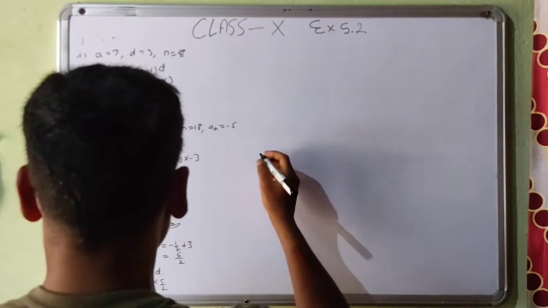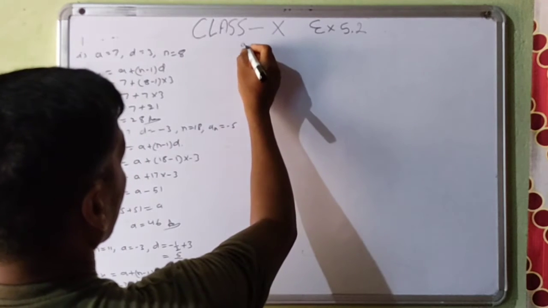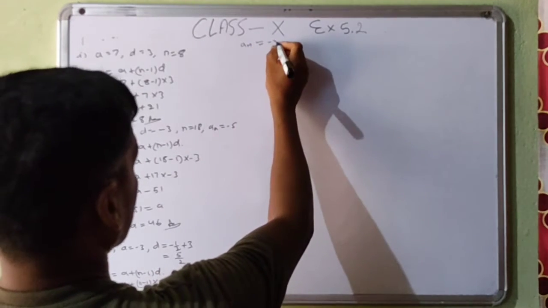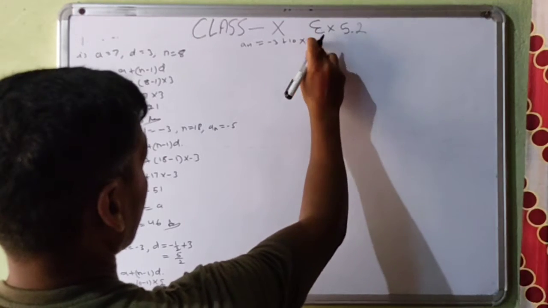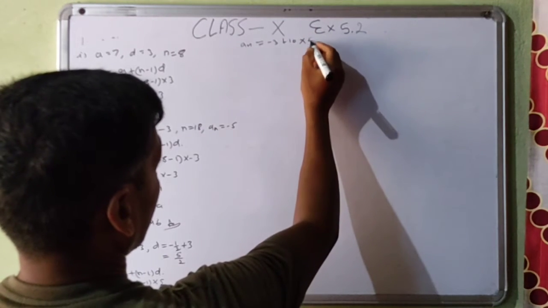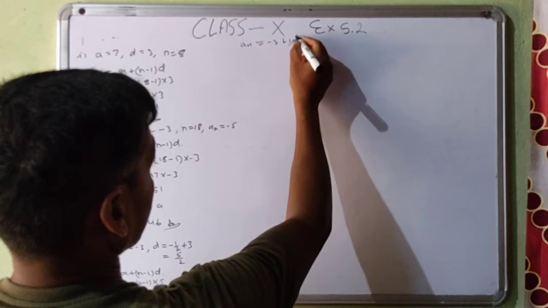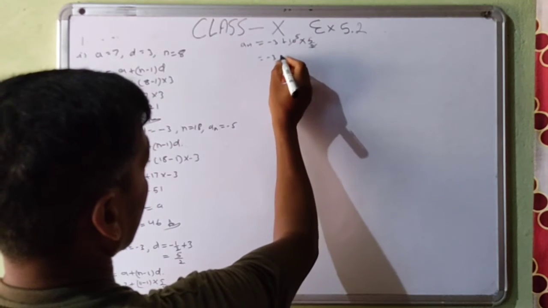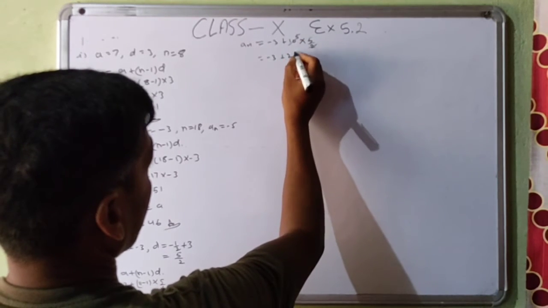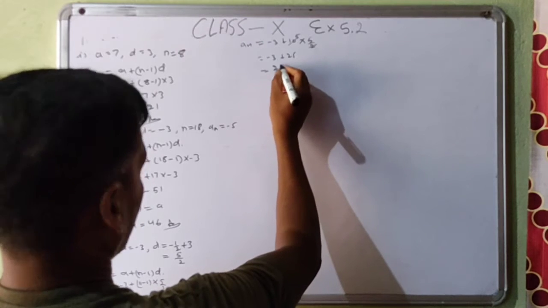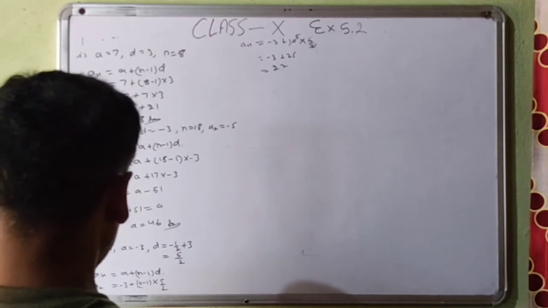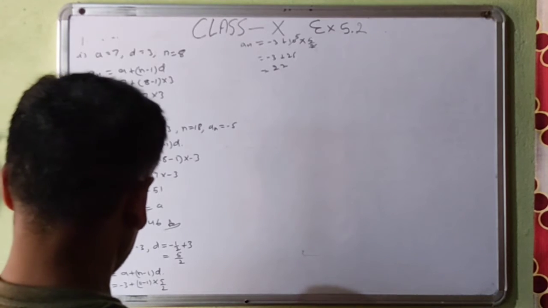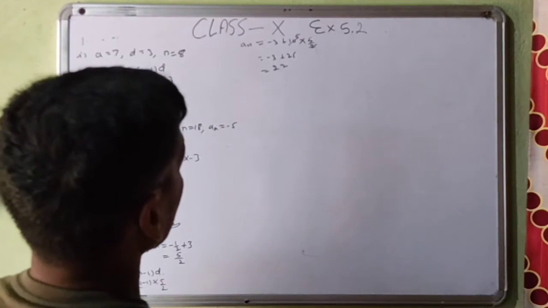Now an is equal to minus 3 plus 10 into 5 upon 2. 2 fives are 10, so minus 3 plus 5 fives are 25. That will be 22.